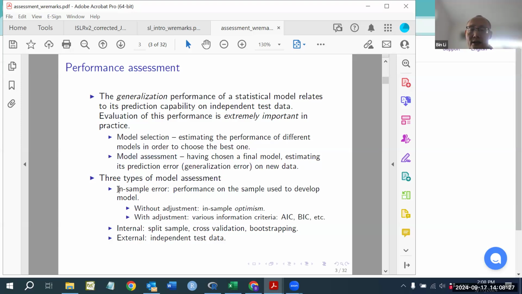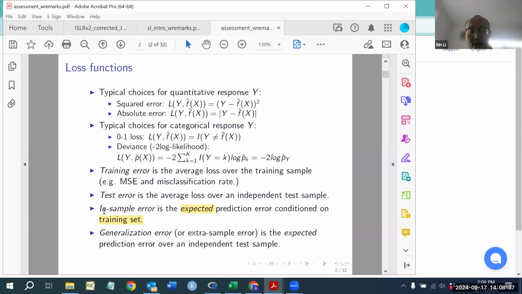And there are three types of model assessment. The first one is the in-sample error. It's very difficult to evaluate the generalization error. Instead, we can use the in-sample error approach.